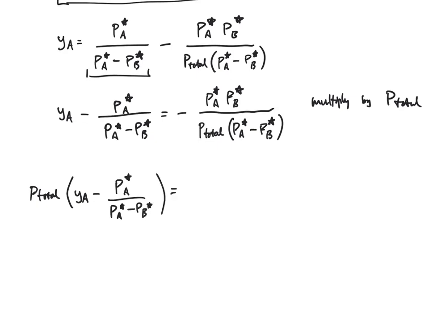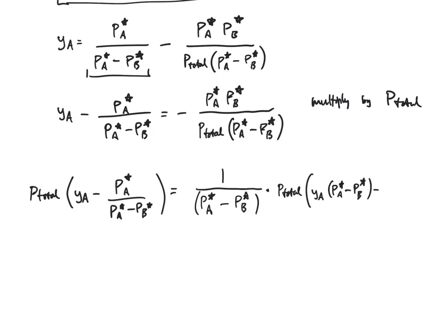And this expression is equivalent to the next one. It's a little bit of a jump, so if you needed to verify it, you could always just try it backwards and see if you get back the same expression: P total times YA, PA star minus PB star, minus PA star.